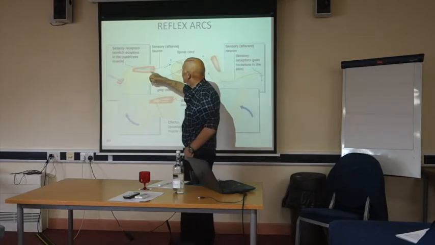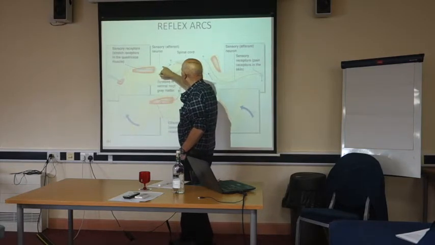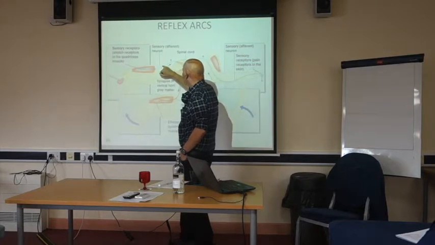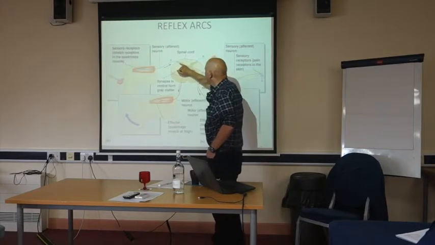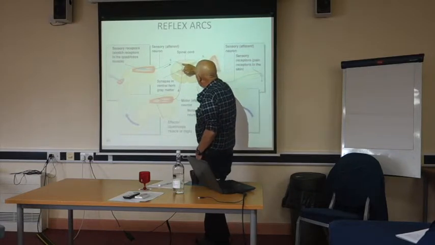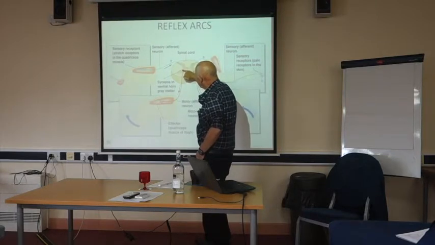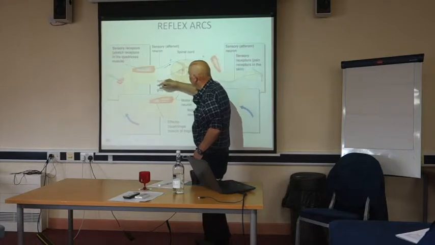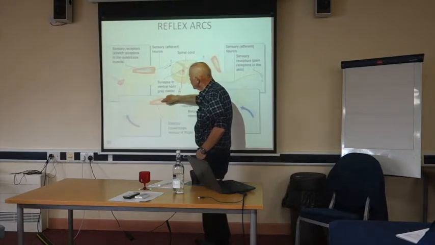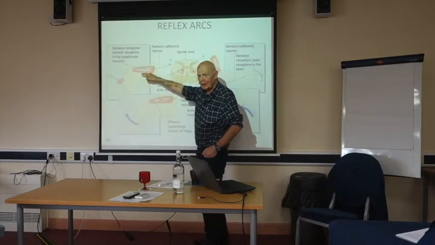If you get a sudden increase in the length of the muscle spindle, it sends a sensory afferent signal to the dorsal spinal cord, and immediately you get a synapse across to the ventral horn, affecting the motor supply to the same muscle, and it causes that muscle to tense up against the lengthening that it was put to.